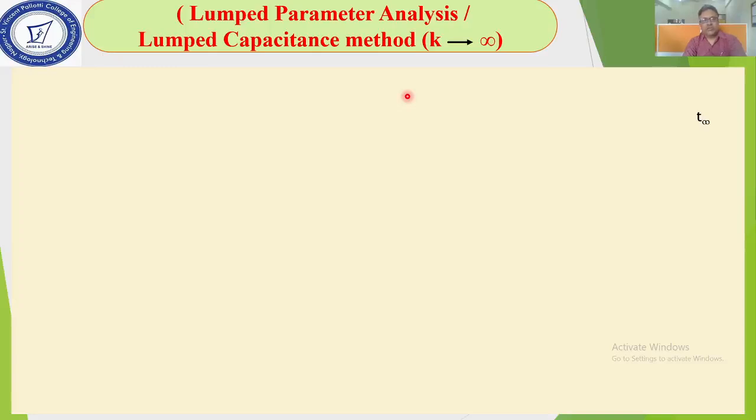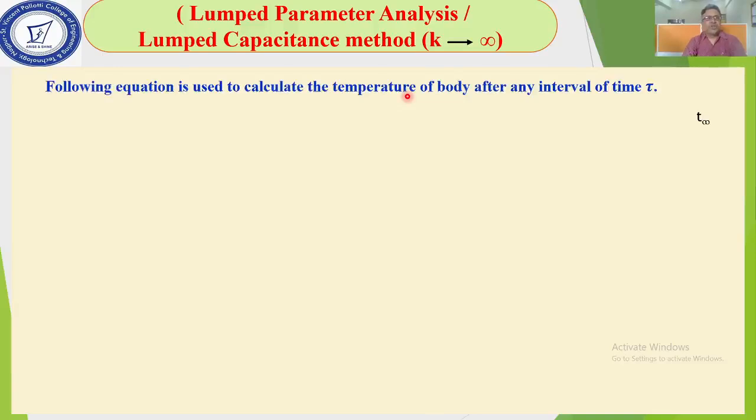And to analyze the lump system, the lumped parameter analysis is used. The following equation is used to calculate the temperature of the body after any interval of time tau from lumped parameter analysis. T minus T infinity over Ti minus T infinity is equal to e raised to minus hAs over rho V Cp into tau.